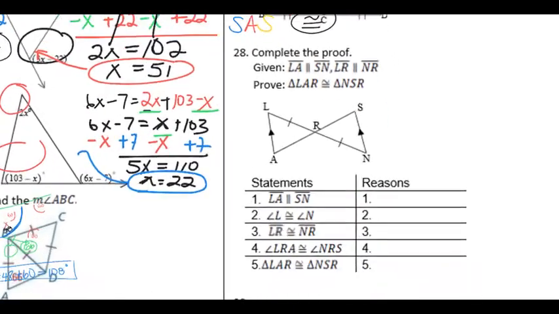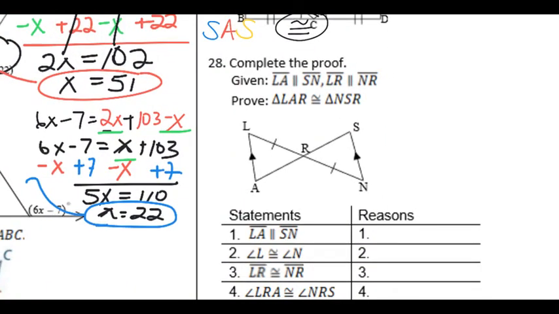On number 28, we need to complete a proof. First of all, they told us that LA is parallel to SN. That helps us gain alternate interior angles. So that means I can use angle LRA, angle L, and angle N. Those are going to be congruent.